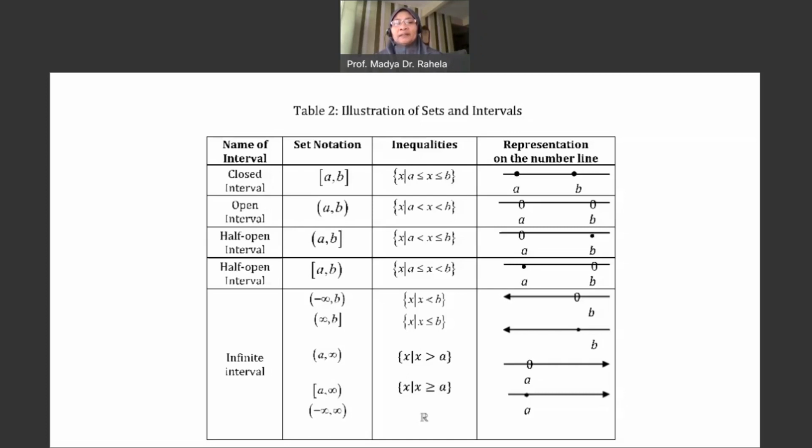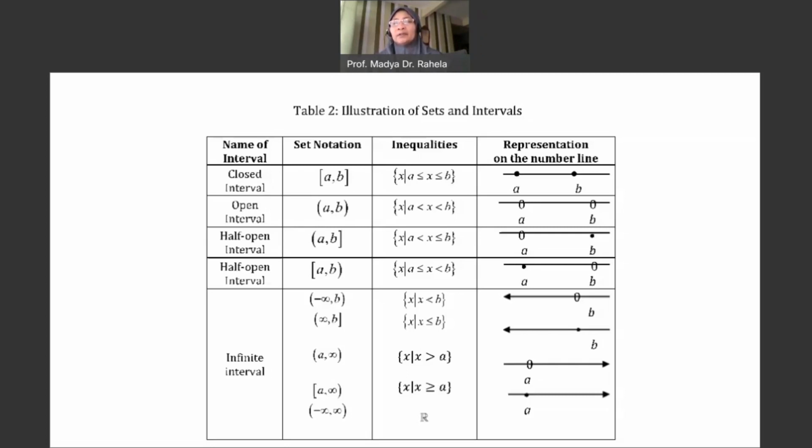Okay, for open interval, open interval means that A and B are not included. If you write it in the inequalities form, X is between A and B, where the equal sign is not included.